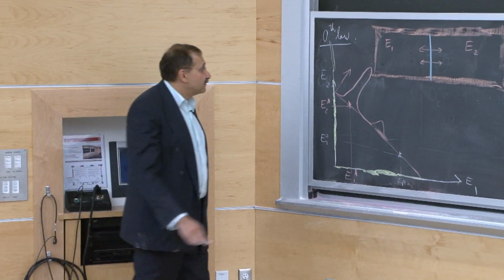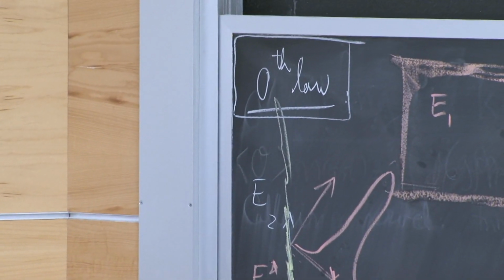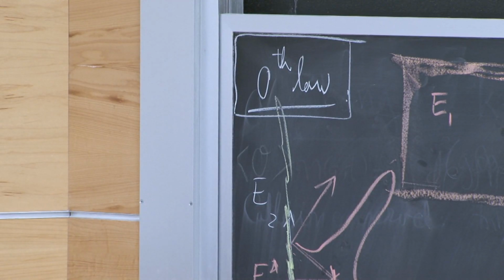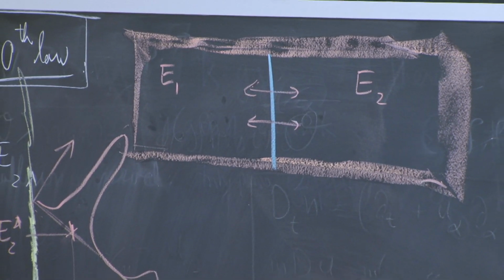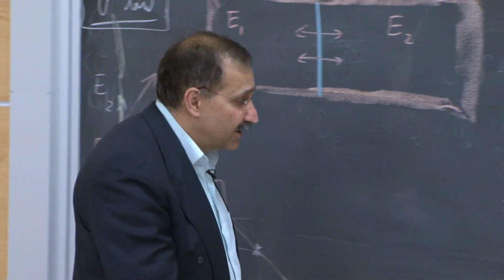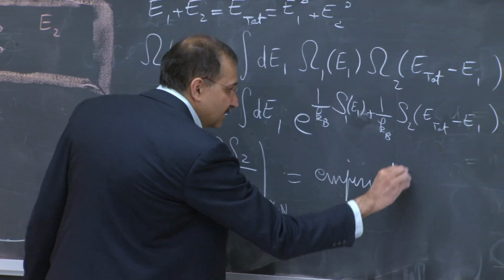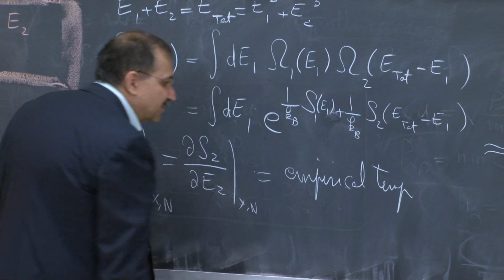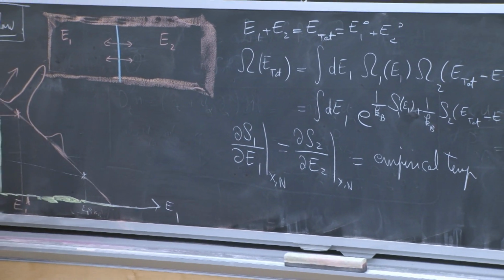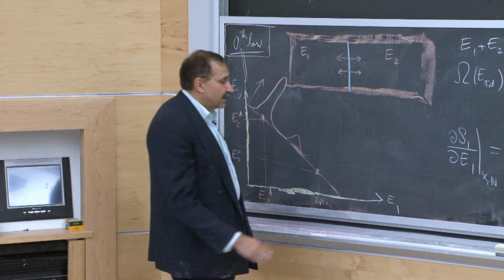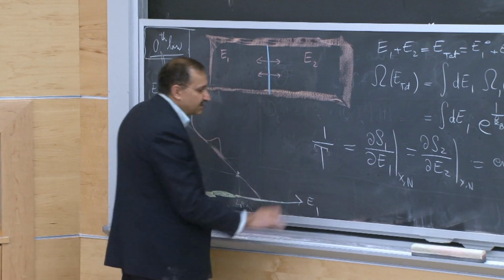And that is what we had for the zeroth law, that when systems come into equilibrium, there is a function of parameters of one that has to be the same as the function of the parameters of the other, which we call the empirical temperature. So in principle, we could define any function of temperature, and in practice, for consistency, that function is 1 over the temperature.